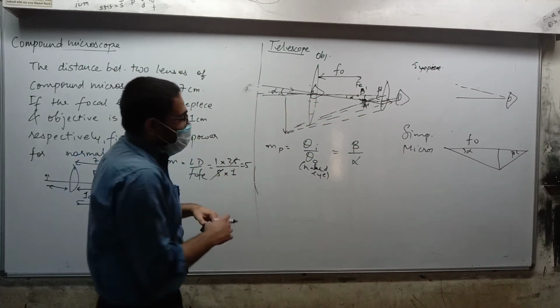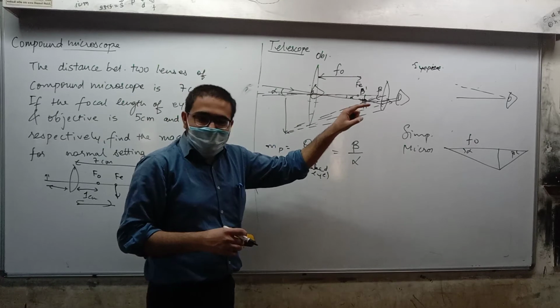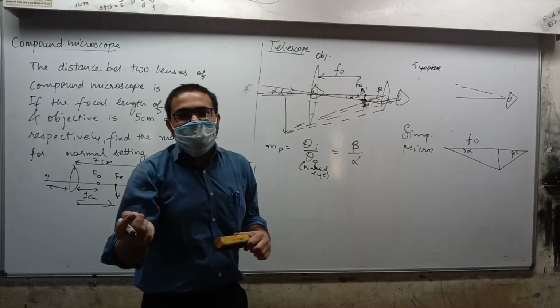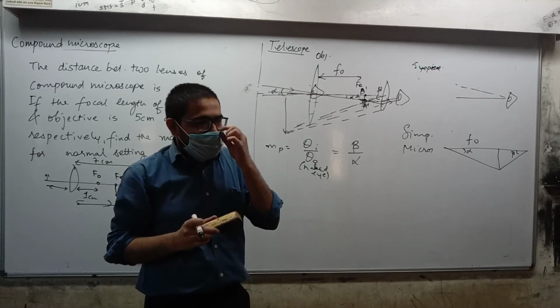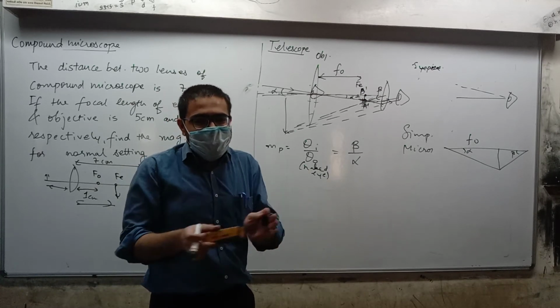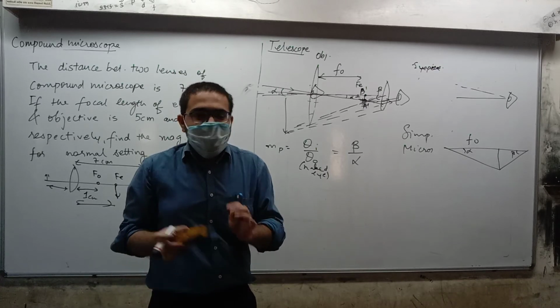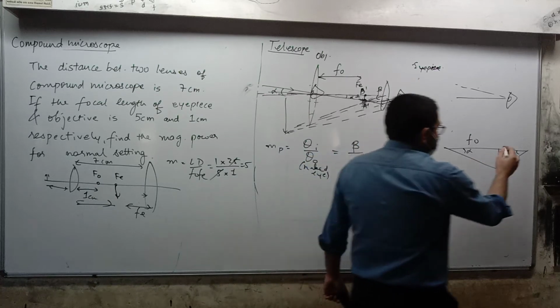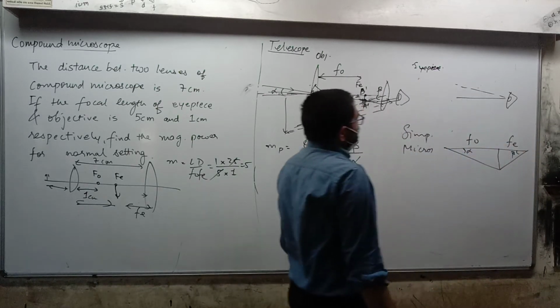But if you look for normal adjustment, then once again this Fe and B dash have to be at the same point. Exactly the same concept as earlier. Fe and B dash are at the same point. Now, if Fe and B dash are at the same point, then our distance becomes Fe. Correct?